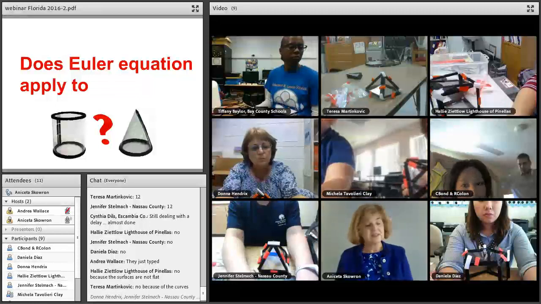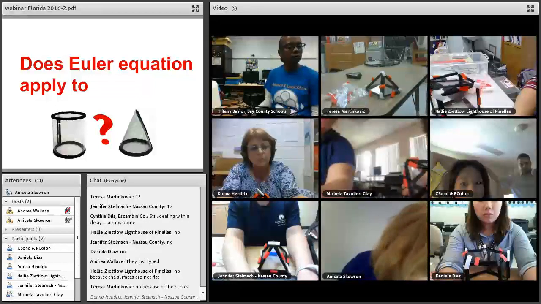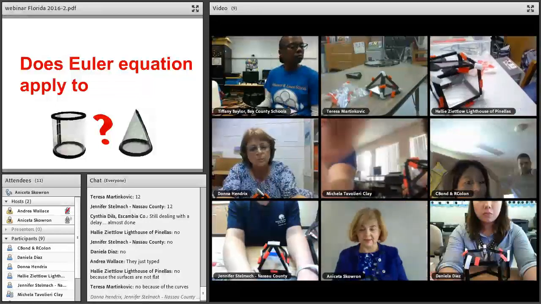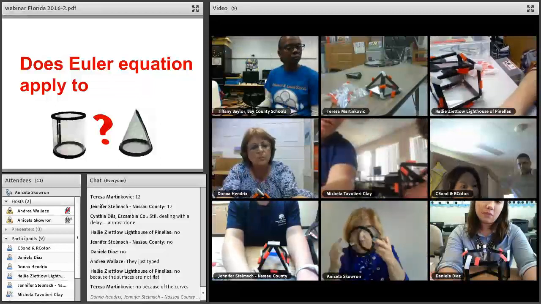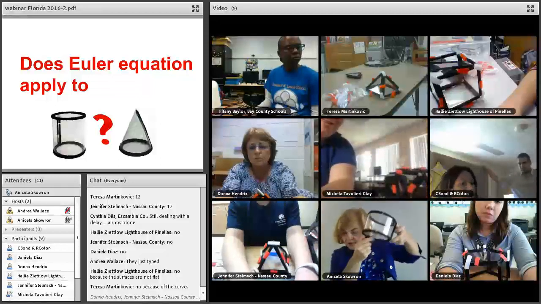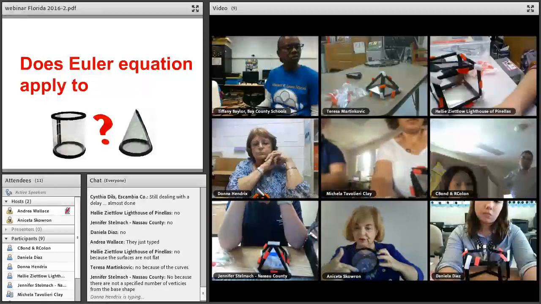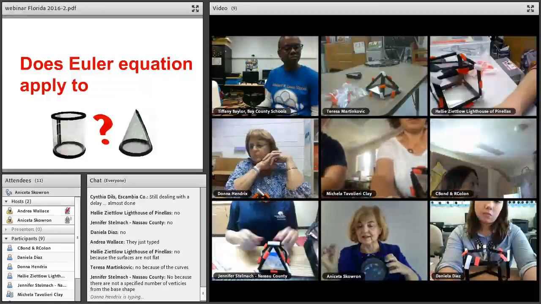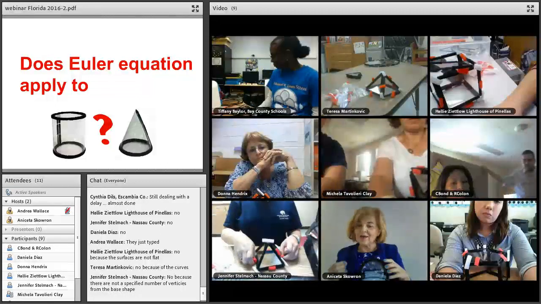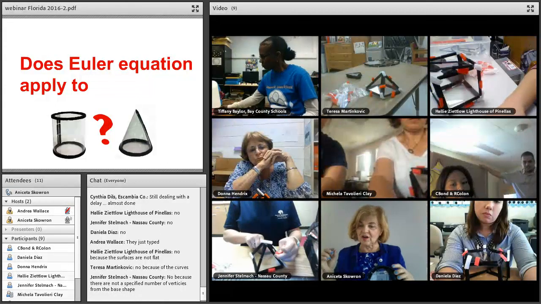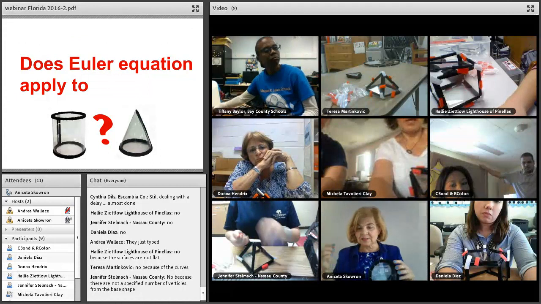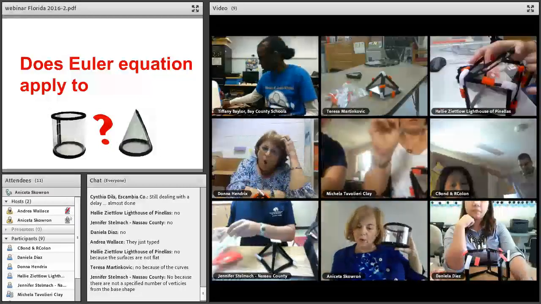Yes, true. But an even bigger idea is that one of the surfaces of a cylinder is a circle, and a circle doesn't have any vertices. So the Euler equation only applies to solids built out of polygons.